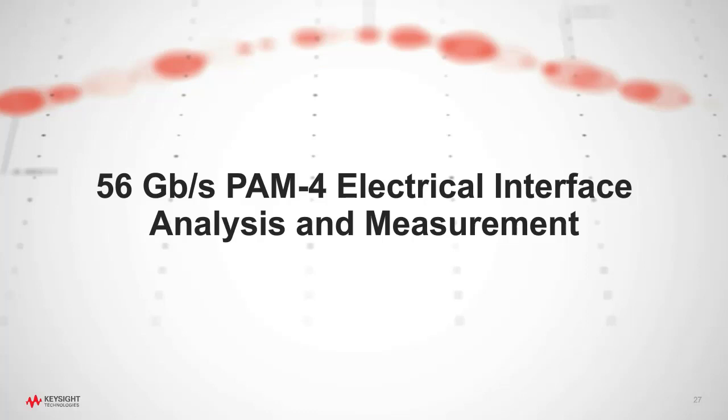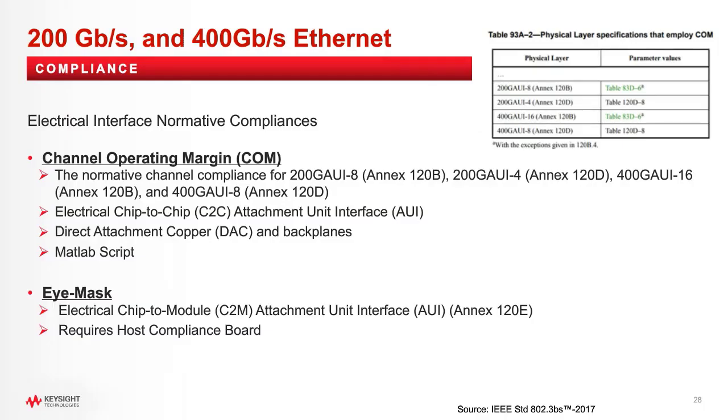All right, now in this section, let's take a look at a clear example for 56 gig PAM4 design. For 200 and 400 gig Ethernet, there are two electrical interface normative compliances. Channel operating margin, also known as COM, is one, and the other is IMASC compliance.